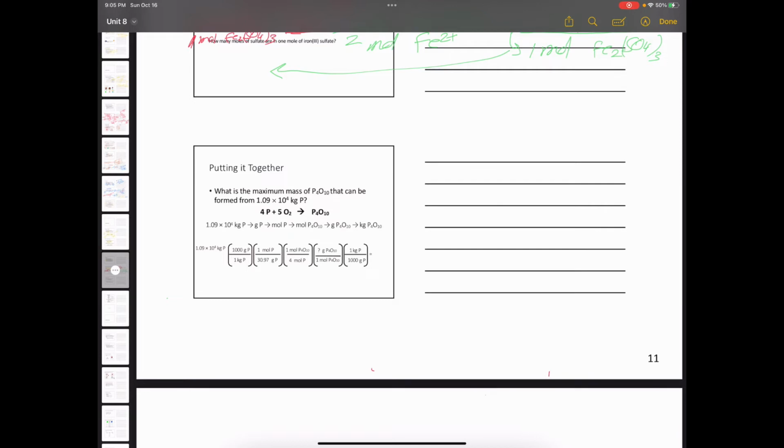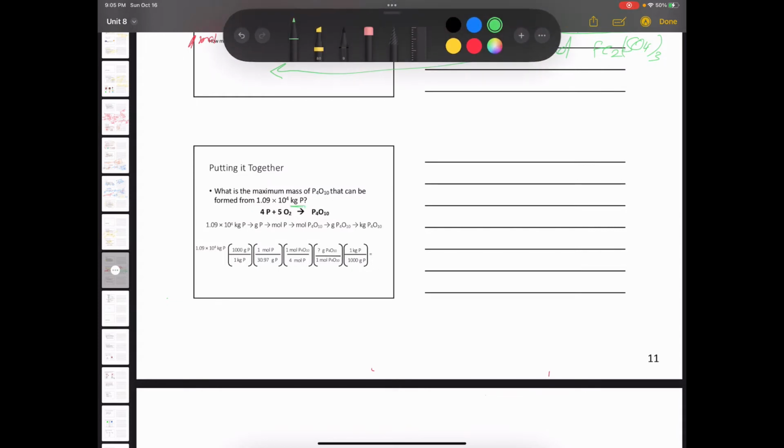Let's put everything together. So what is the maximum of the phosphorus oxide that can be formed from 1.09 times 10 to the power 4 kg of the phosphorus? So we have 1.09 times 10 to the power 4 kilograms of phosphorus, and we would like to know how much phosphorus oxide we will get if we know how much phosphorus we're starting with.